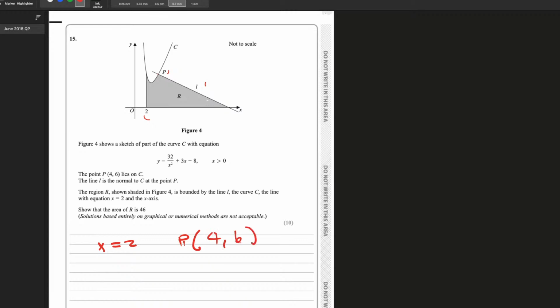So you see that x equals 4 will be the boundary, the limit.